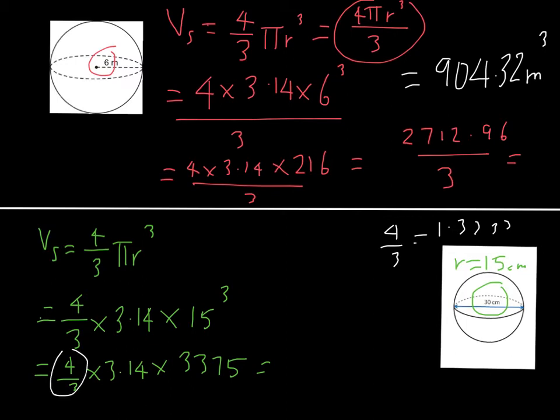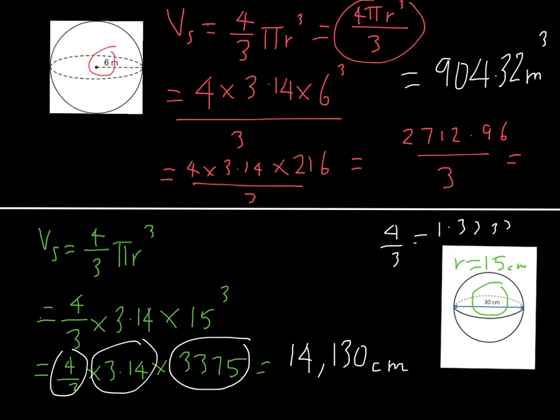Then I times that by 3.14, which now gives me 4.18666666. And then I times that by 3375. That gives me the answer of 14,130. It is centimeters, and we're finding the volume, so it's centimeters cubed.